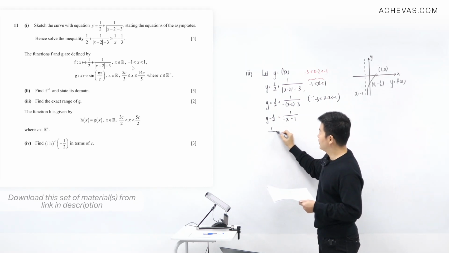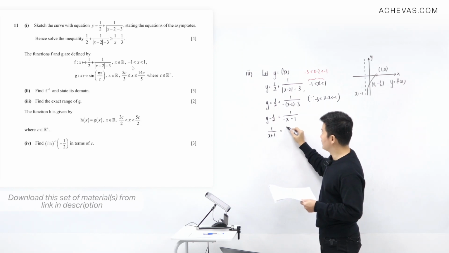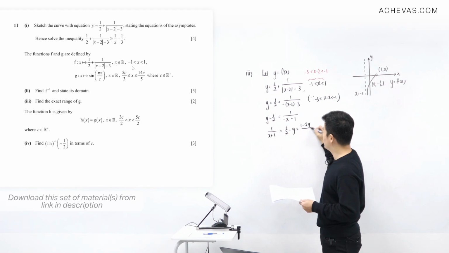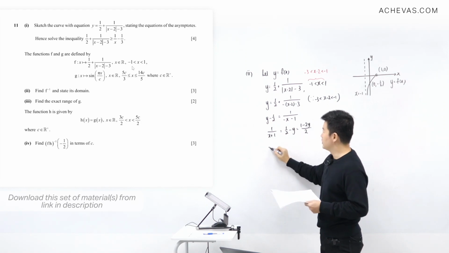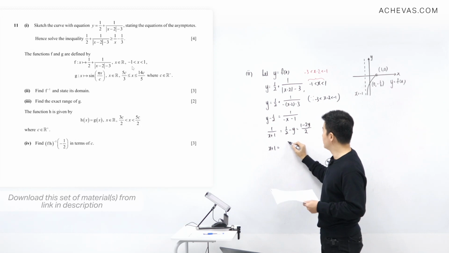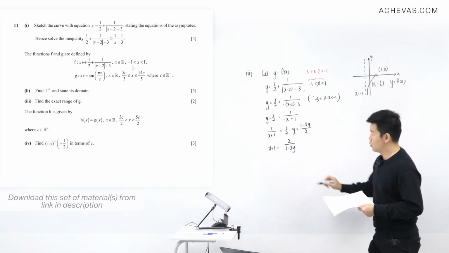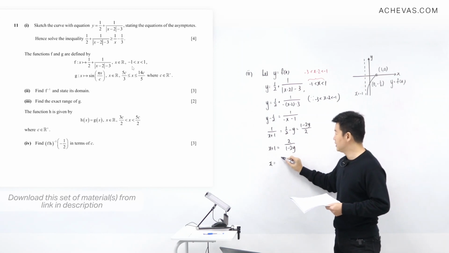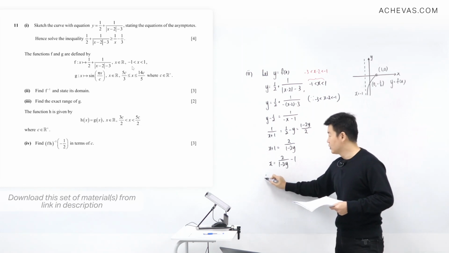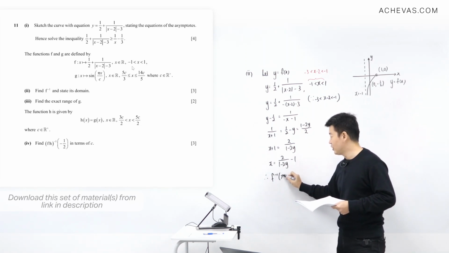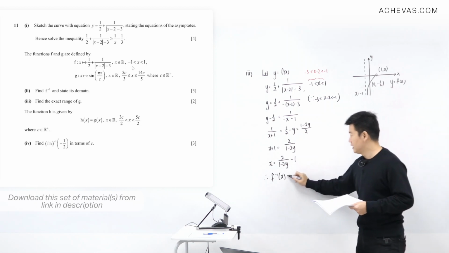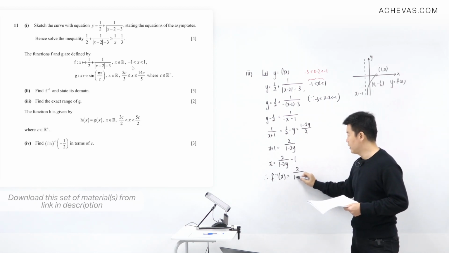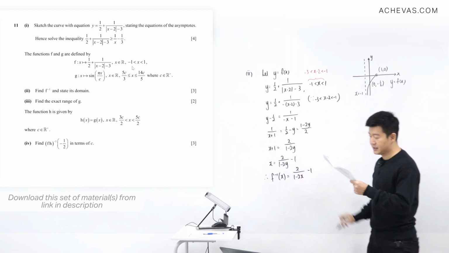So we have 1 over x plus 1 equal to half minus y, which is 1 minus 2y over 2, which means that x plus 1 is equal to 2 over 1 minus 2y. So x is 2 over 1 minus 2y minus 1. So this gives us the expression for f inverse. It is equal to 2 over 1 minus 2x minus 1.